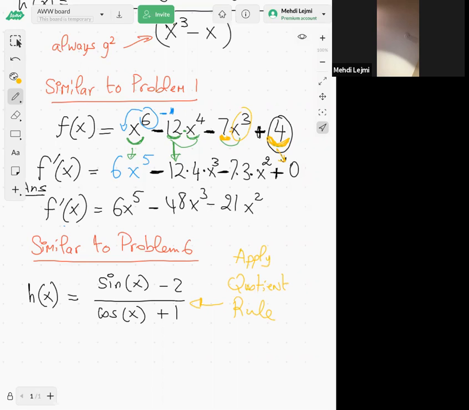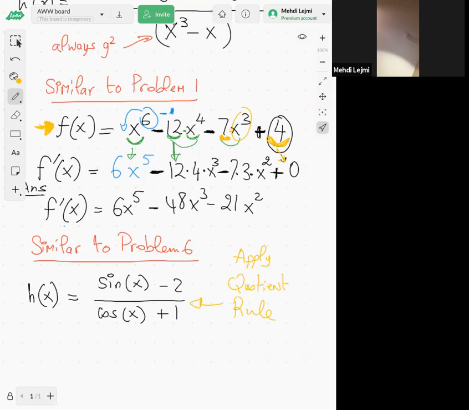For problem number 1, your f of x is not a quotient, and it's not a product, it's just subtraction and sum. So for that f of x there's no special rule; all we have to do is apply the derivative of a power of x. But here, this is a quotient.